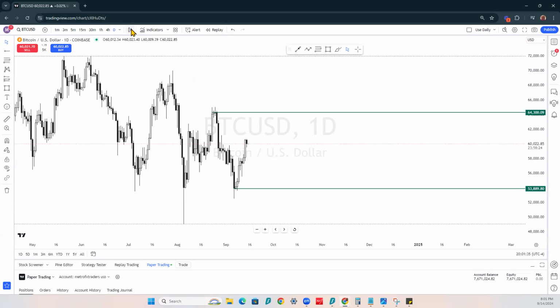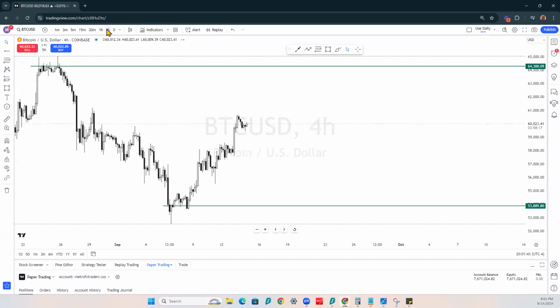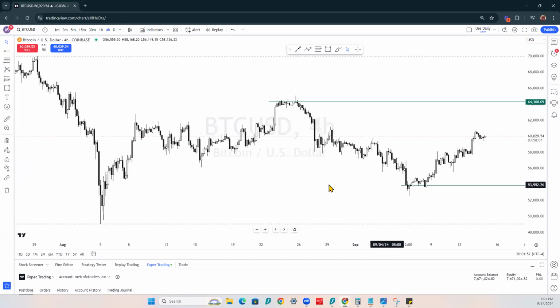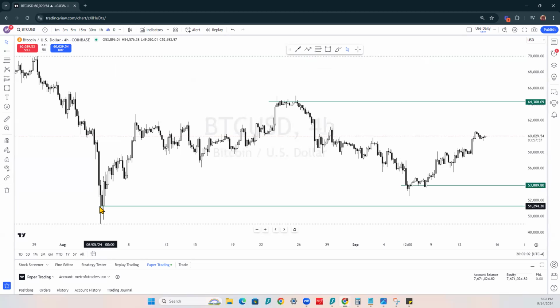Now let's go down to the 4 hour to see if we can find any change in trend in the 4 hour. All right, so if this is the high and this is the low, and it never really broke below this area here, right? For it to continue to be a downward trend, you can see that we have a change in structure in this trend. Because look at this.